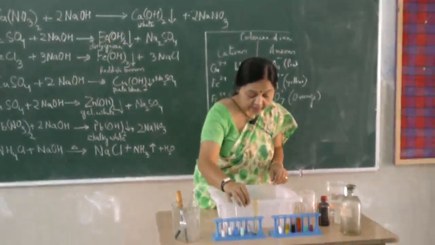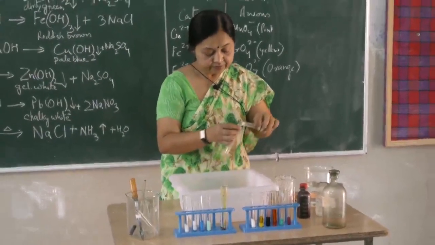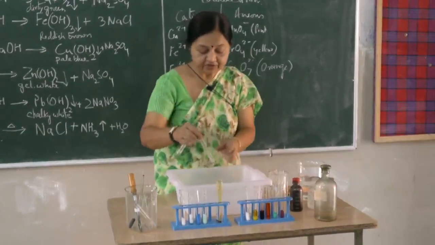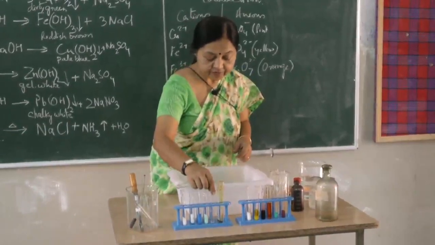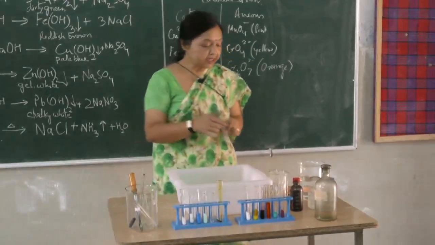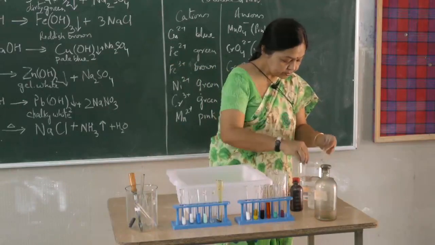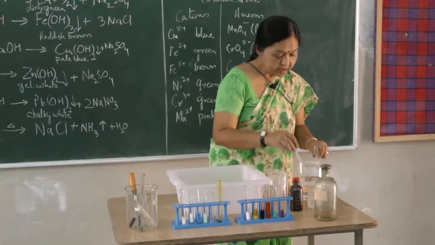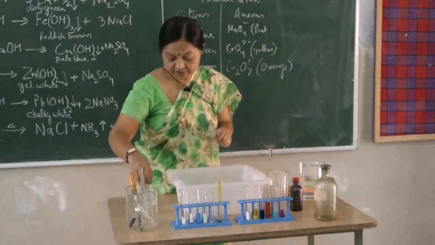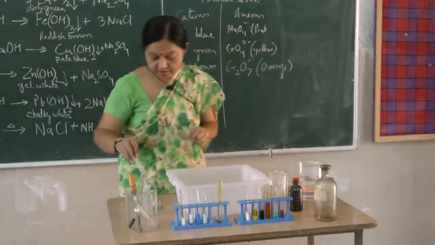Let's see what happens when you add sodium hydroxide to calcium. I have taken calcium here and I will dilute it a little. Then I will add NaOH, sodium hydroxide, to this.